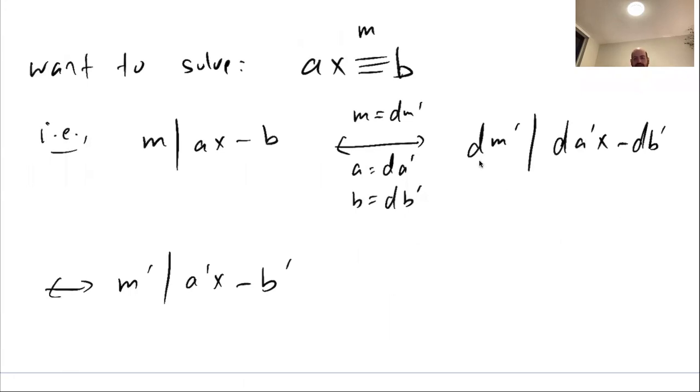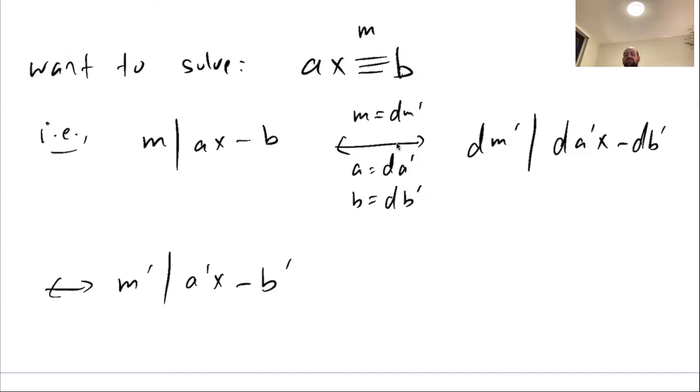So please note that we can cancel D from both sides, because it's very easy to verify. What is the meaning of D M prime divides this? It means this number can be written as this number times some k, for example. So you can easily write this in the form of an equation. And once you have an equation, you have D on both sides, and of course, when you have an equality, you can cancel a factor D from both sides as long as the factor is non-zero.